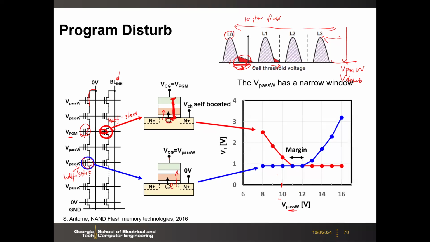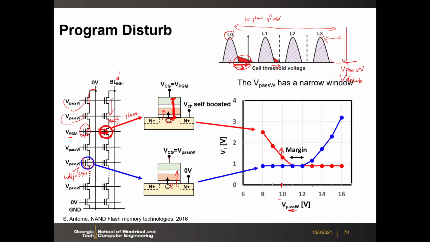In this case, you see this red one, the threshold voltage starts increasing. Why is that? If V pass W is kind of small, recall that this inhibition will not be able to deliver, right? So if the channel potential is not high enough, then this cell will have a large voltage across it.